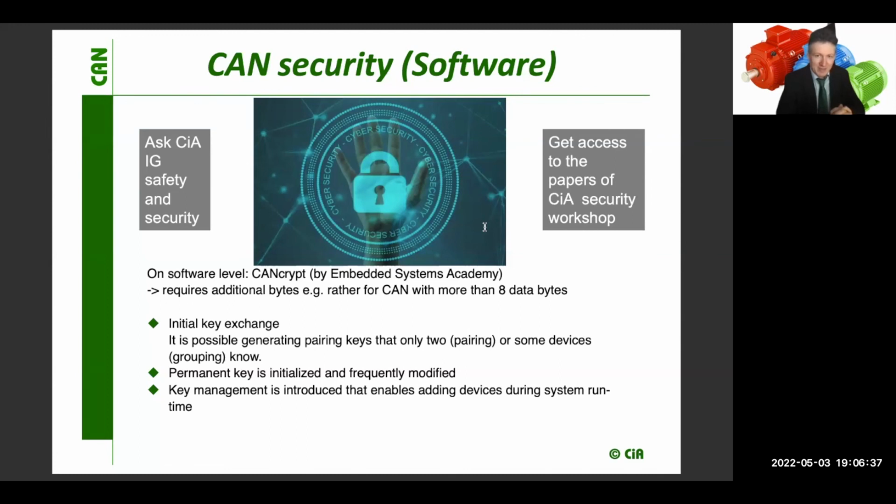That requires, on the other hand, more than 8 data bytes, meaning classic CAN and CANopen in this case wouldn't be able to use this to the full extent, if at all. It's mostly designed for advanced CAN technologies supporting a larger payload, such as CAN FD or even CAN XL.